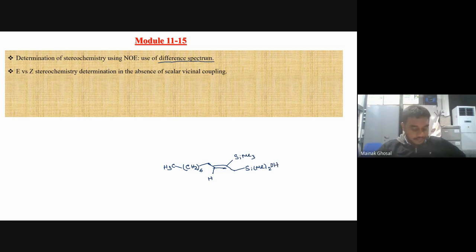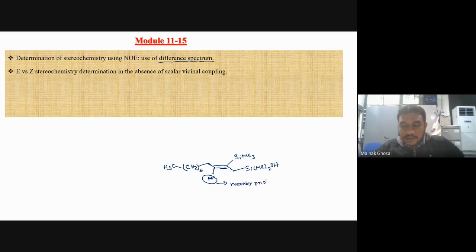So here you can see that if you want to know this conformer, you just give some resonance, or you can say you decouple, or in good language, you want to saturate this proton signal, and you know that NOE or nuclear Overhauser effect actually affects nearby protons.